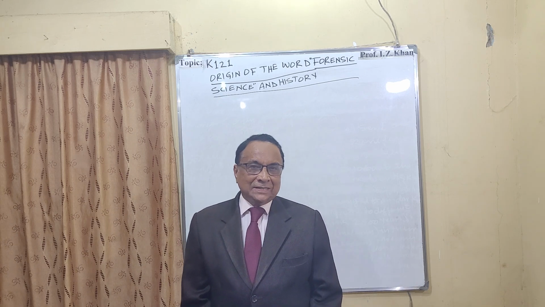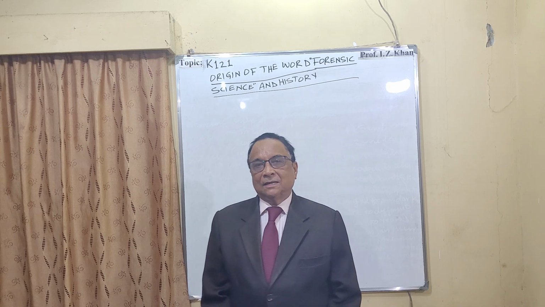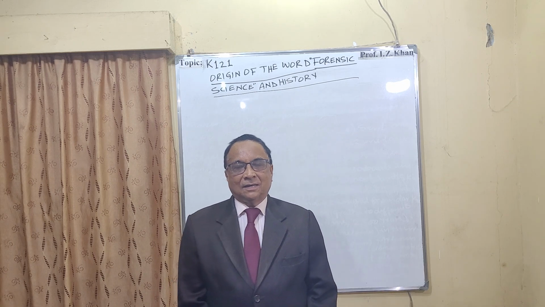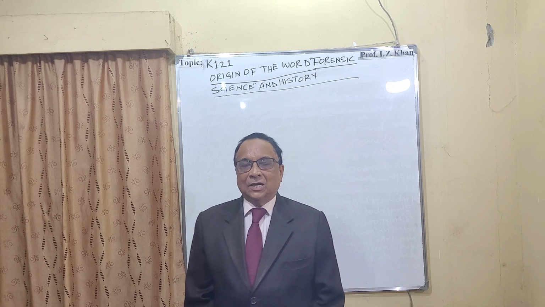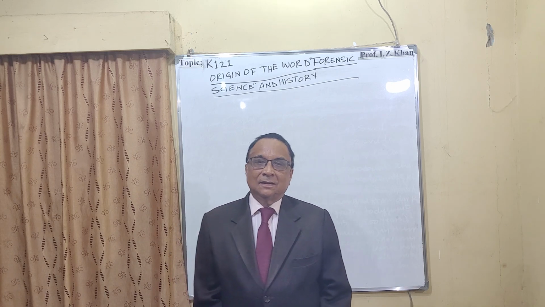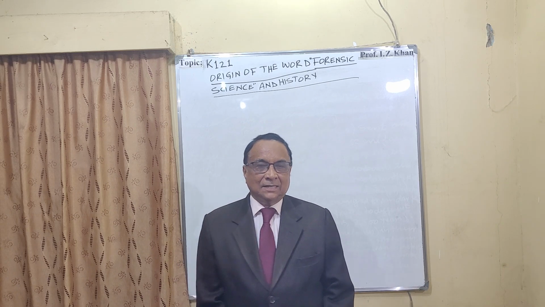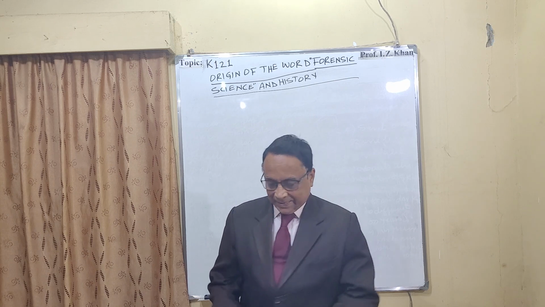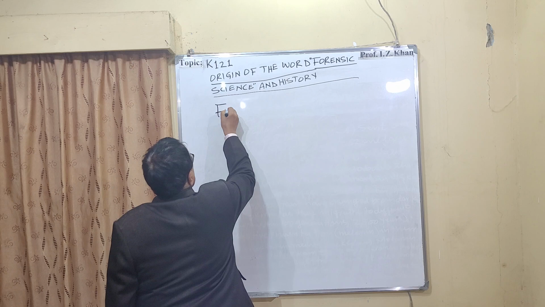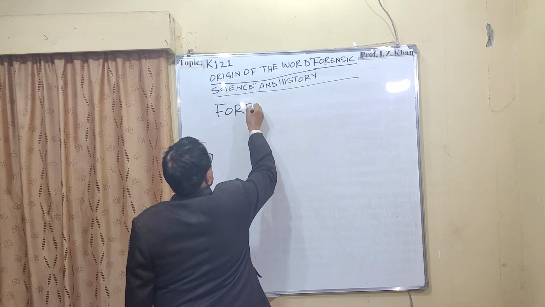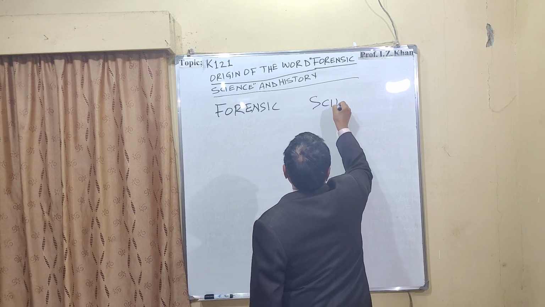So forensic science is a very interesting, very important science today, and the word forensic has a lot of meaning today. And of course the word science originated from Greek. So two words are here: one is forensic, and the other which is attached is science.